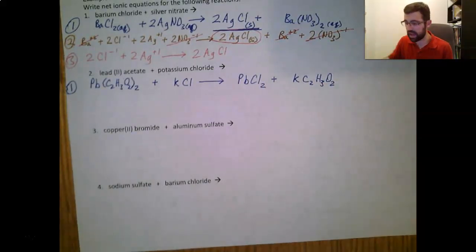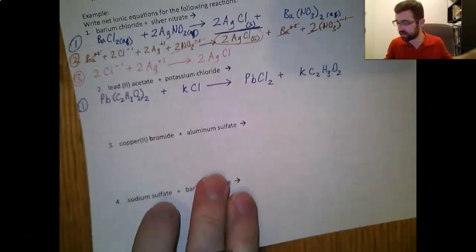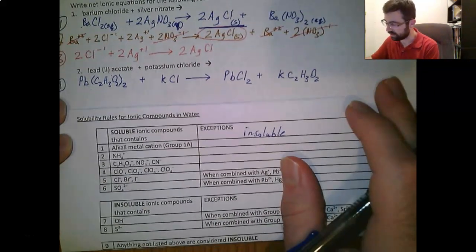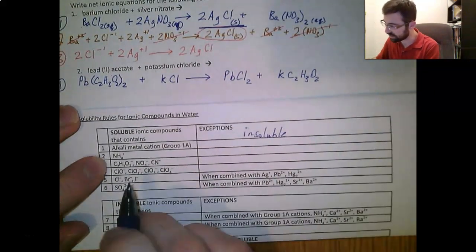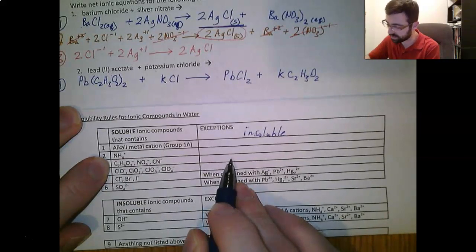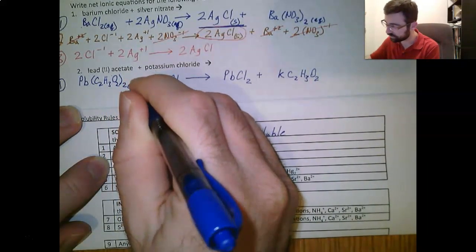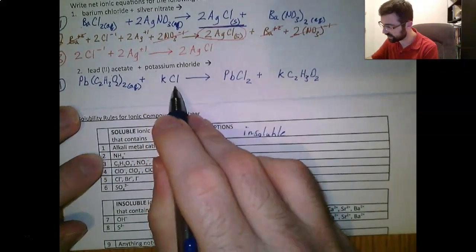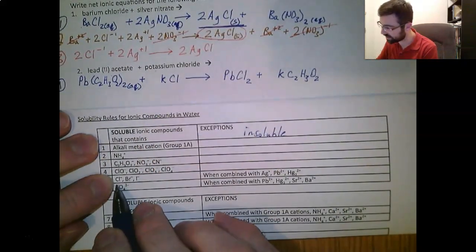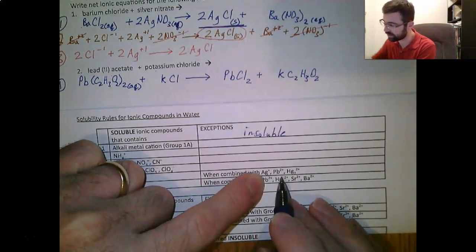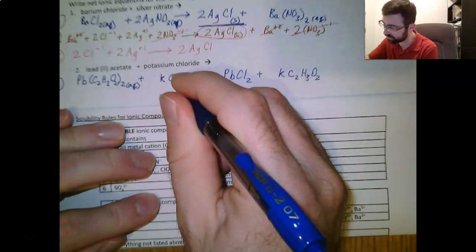All right. If we were to look at our solubility rules, which I have right here, acetate is right here. There's no exceptions. It's always soluble. So I'm going to put AQ. Chloride, Cl minus, is always soluble unless it's combined with silver, lead, or mercury, so that makes this AQ.